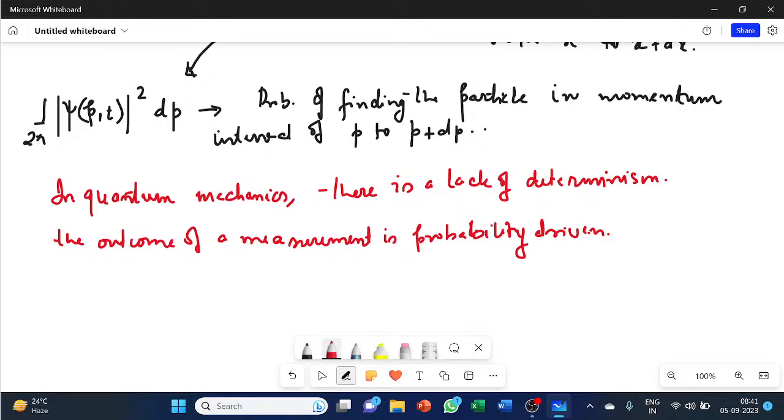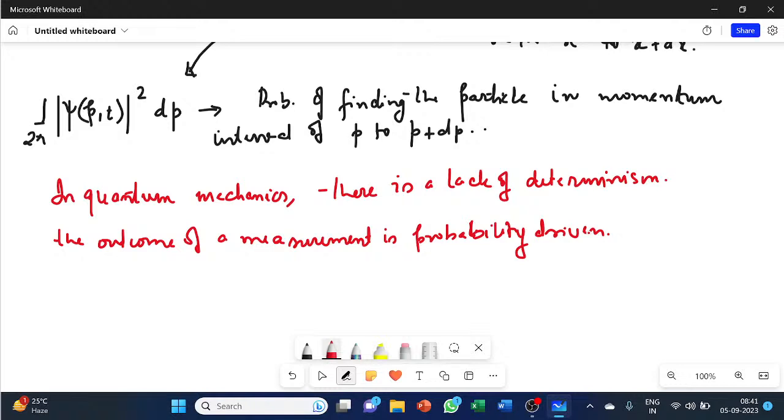So in quantum mechanics, one of the things that becomes very prominent is taking the average, when it comes to explaining measurement theory.